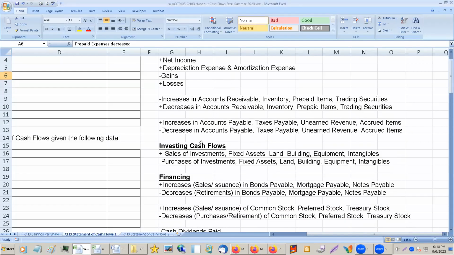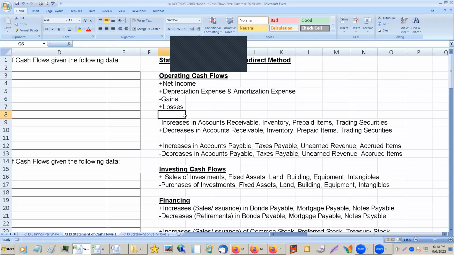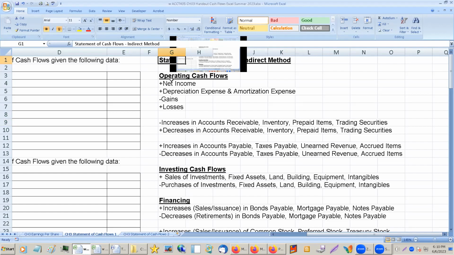Now, there are some quirks to it. I'm going to show you the indirect method, which is probably the most intuitive and, I think, one of the more useful methods.